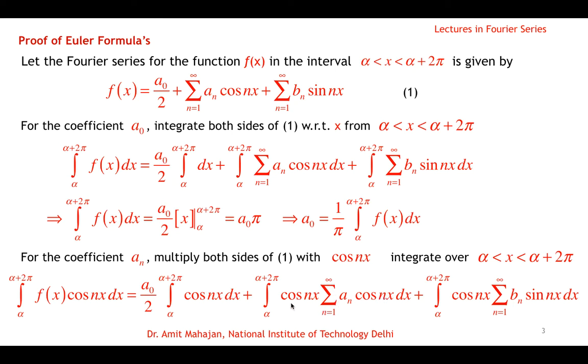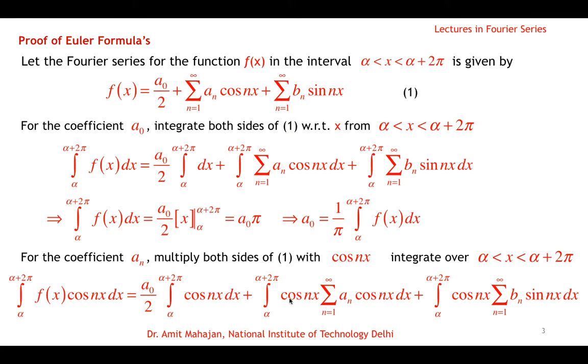So it is like cos nx into cos 1x, cos nx into cos 2x, cos nx into cos 3x, and so on. We know the integral over this limit of cos nx into cos mx dx is 0 when n is not equal to m. So this will be 0 for all m except when m takes the value n.